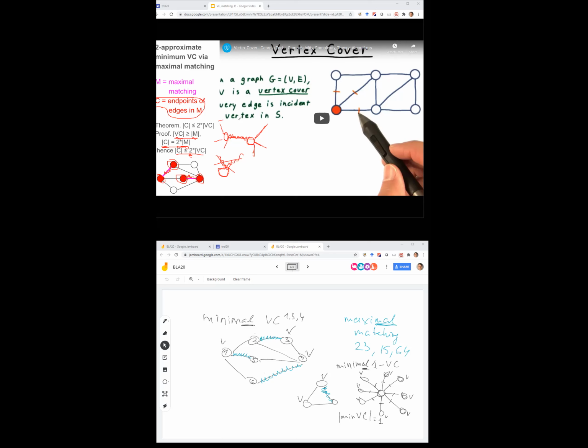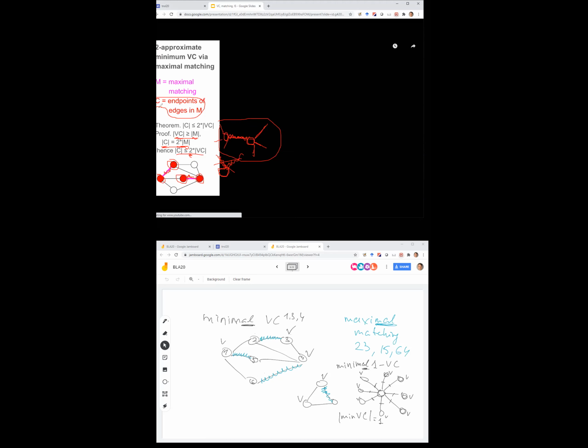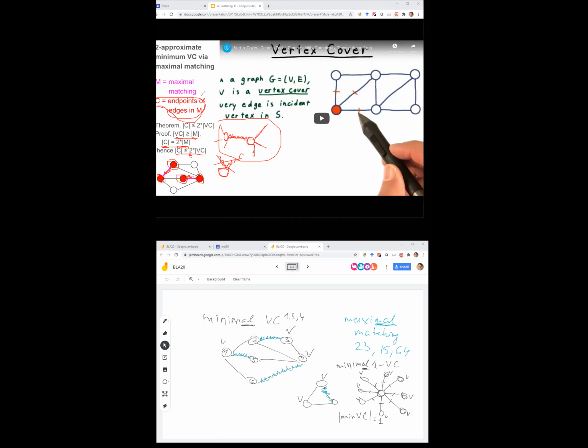Okay, so that's the proof of why this set obtained by this algorithm indeed constitutes a vertex cover. Every edge will be covered. If an edge were uncovered, then you could have added this edge to your maximal matching. Okay, so that's the algorithm.